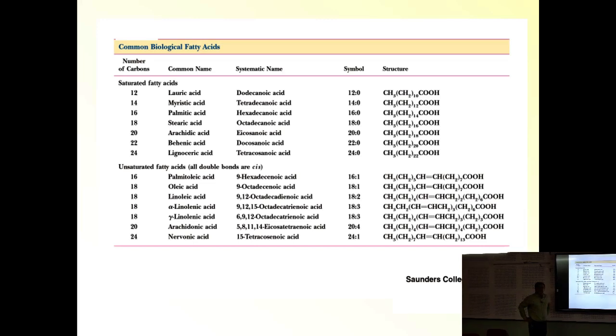How will you remember this? For example, if a structure is asked in the examination, write down the dodecanoic acid structure, then how will you write it? You know CH3, here is CH2, but in between, the number of CH2 you calculate as n minus 2. For example, first 12. So write down CH3, CH2 10 times, and COOH. Similarly, you will find in the unsaturated fatty acid, 16 means palmitoleic acid.